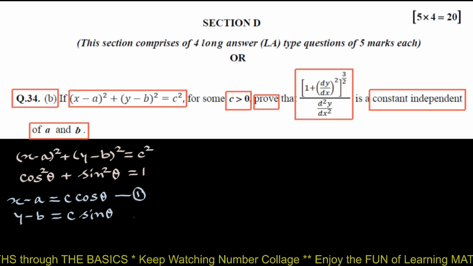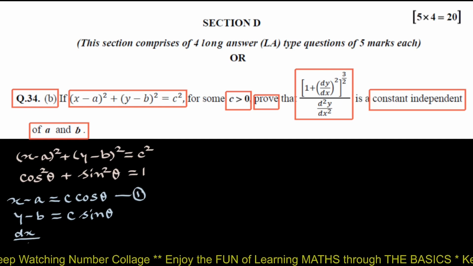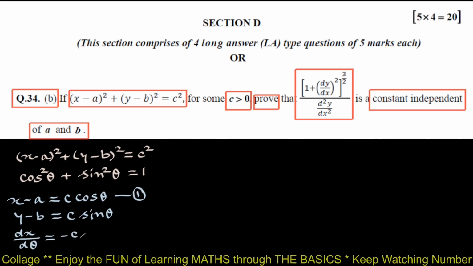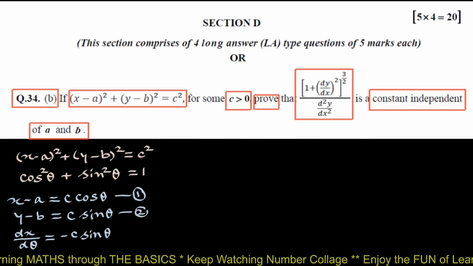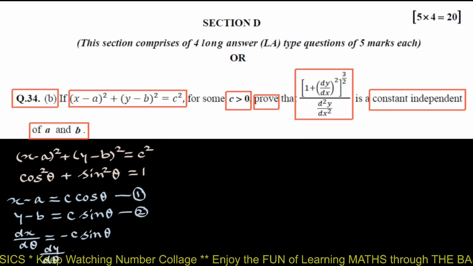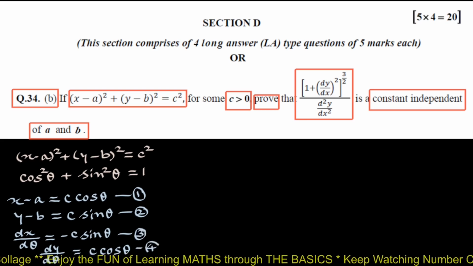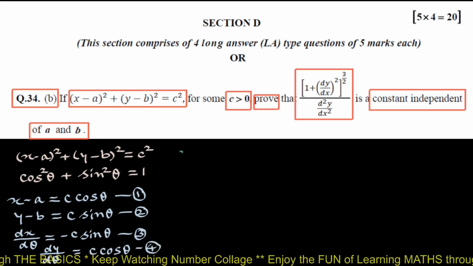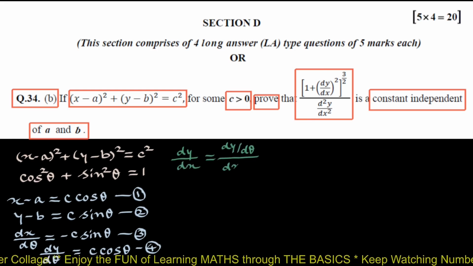Differentiating this first expression with respect to theta, we get dx/d theta equals minus c sin theta, and differentiating this expression 2 with respect to theta, we get dy/d theta equals c cos theta. We will name them 3 and 4 respectively. Now we have dy/dx equals (dy/d theta) upon (dx/d theta).